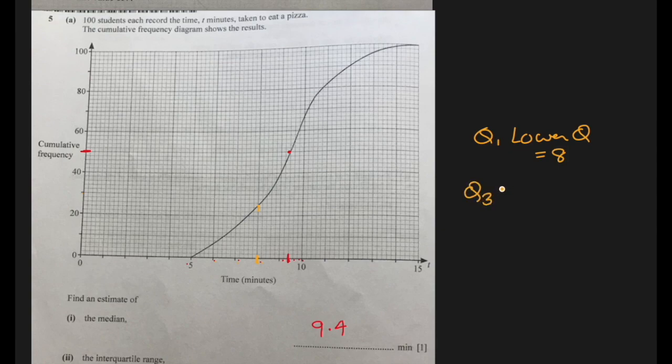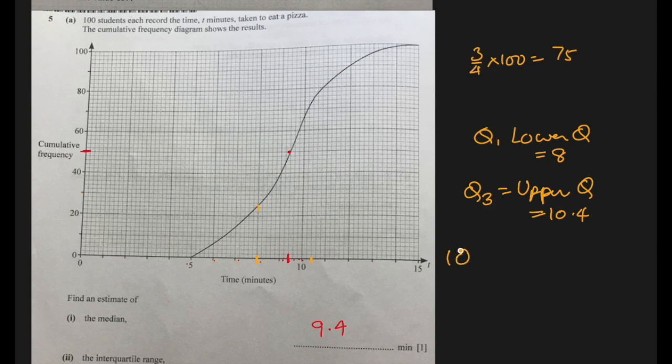Upper quartile, Q3. Upper quartile is 3/4 of 100, which is 75. So we'll go to 75 now. This is 70, this is 80, so 75 will be in between. If we go down here and reach here, it is 10.4.